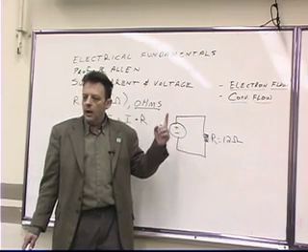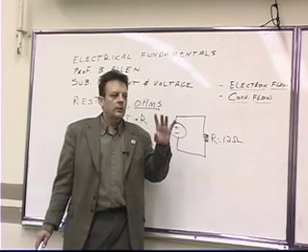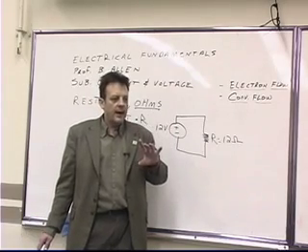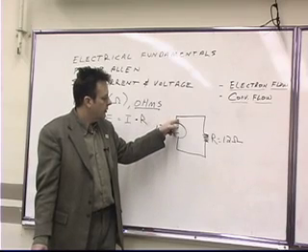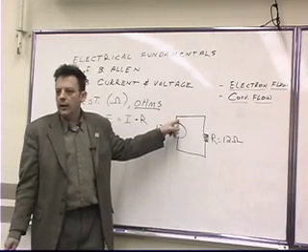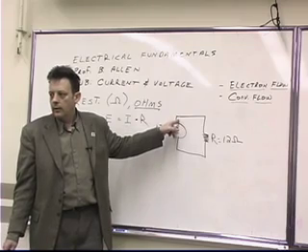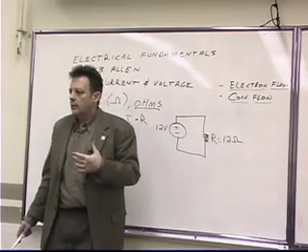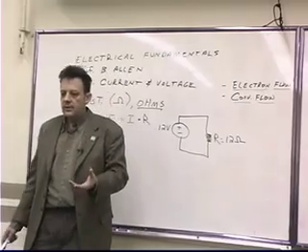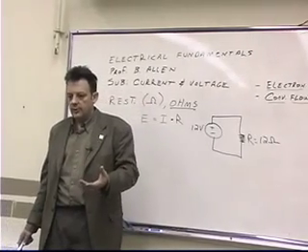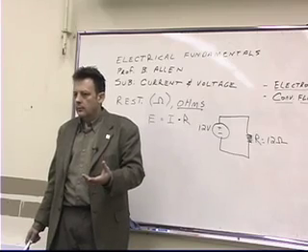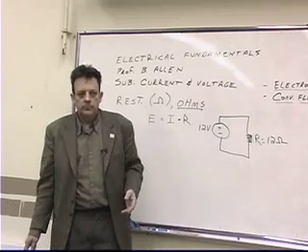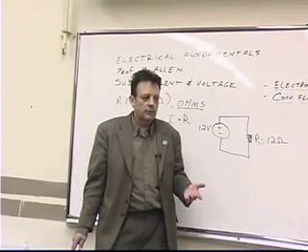Okay? But if a person makes a statement that we're going to call this a negative current, in my mind, they've added complexity to the circuit that's unnecessary. Okay? But theoretically, there's nothing wrong with it. Okay?